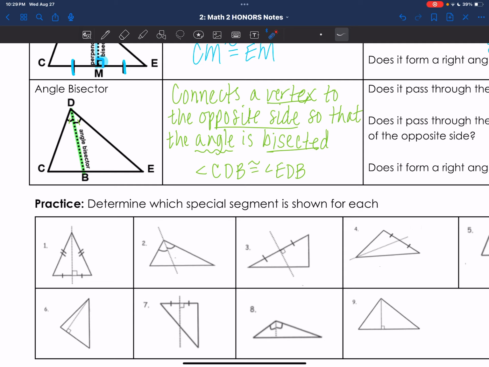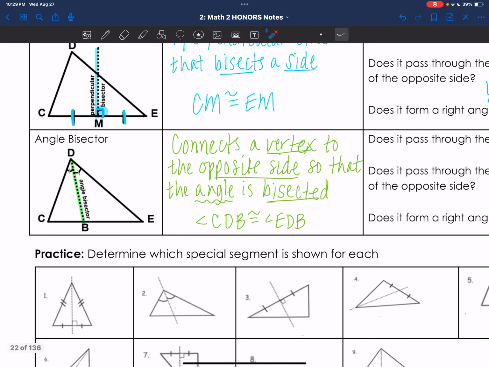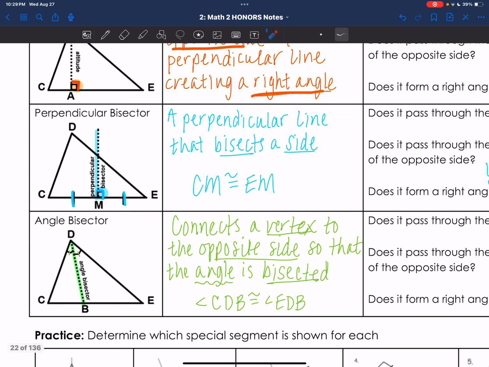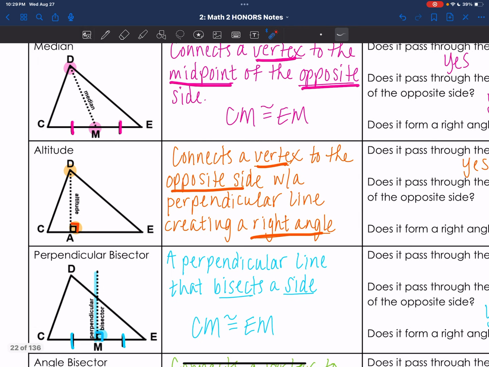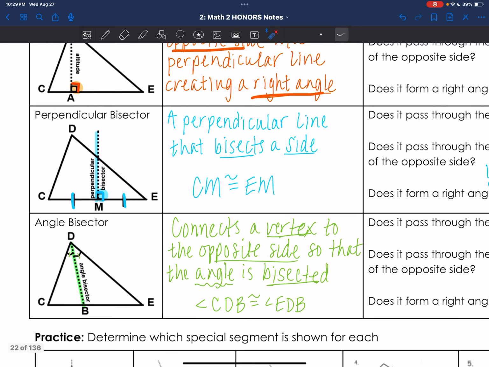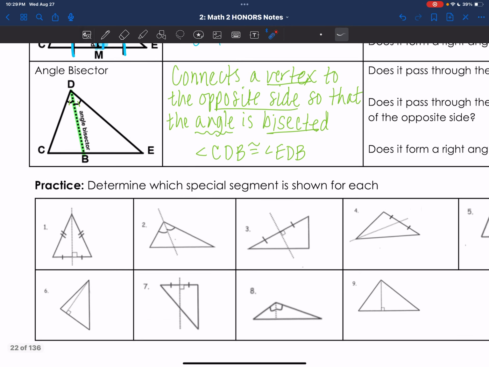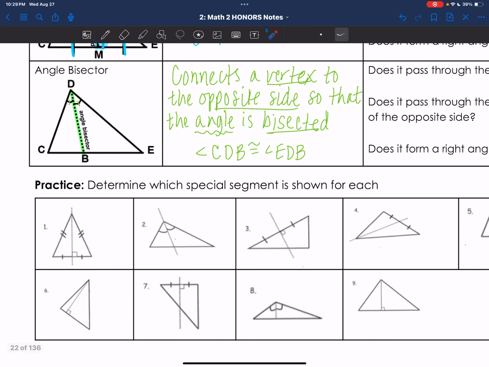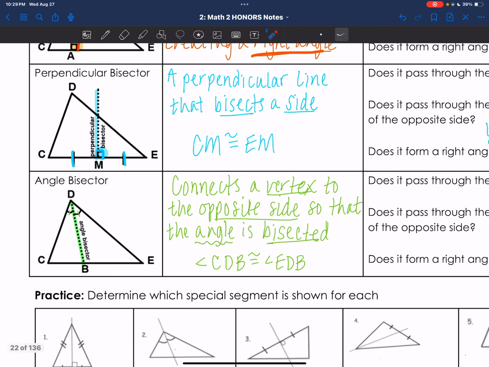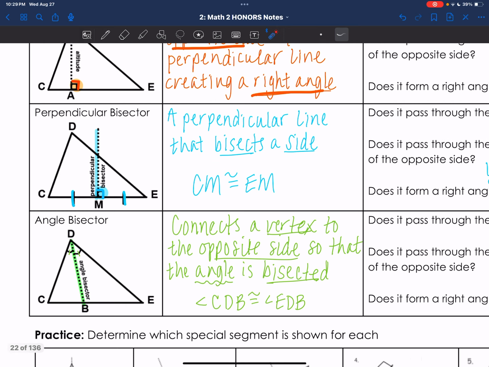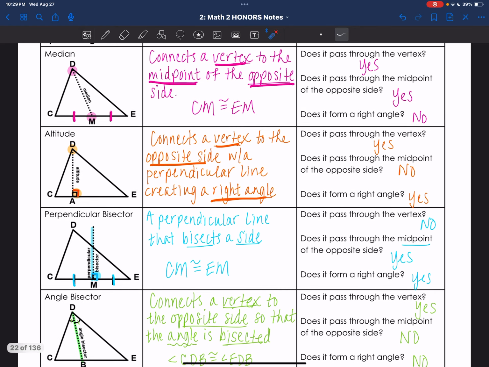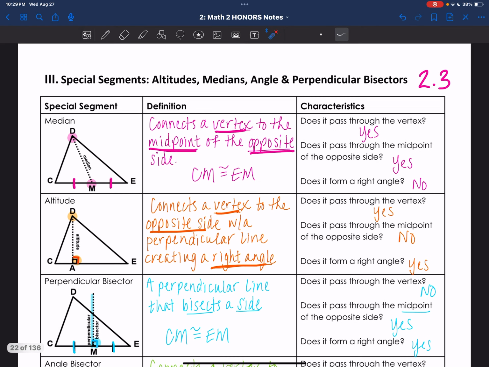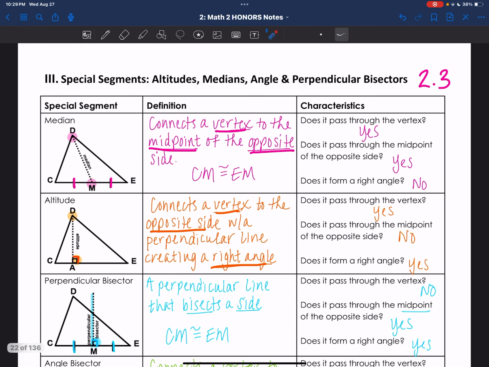So we want something that creates a right angle, two congruent sides, and goes through the vertex. That could be the altitude, or it could be the bisector. So which one would it be? If it bisects a side and it's a perpendicular line, it could be a perpendicular bisector.